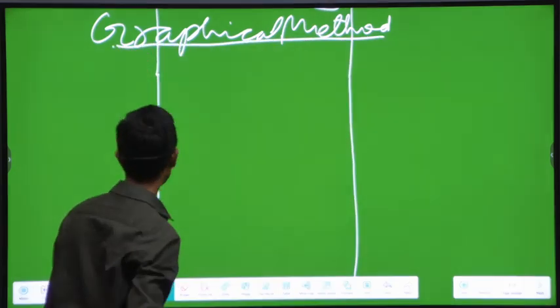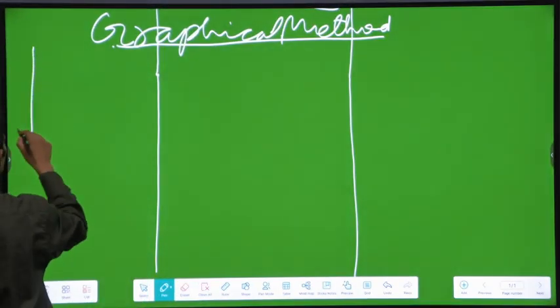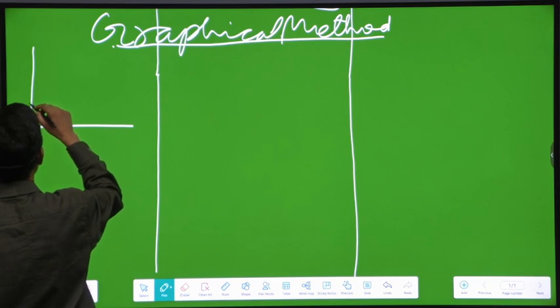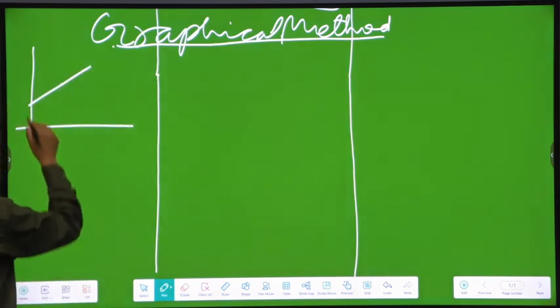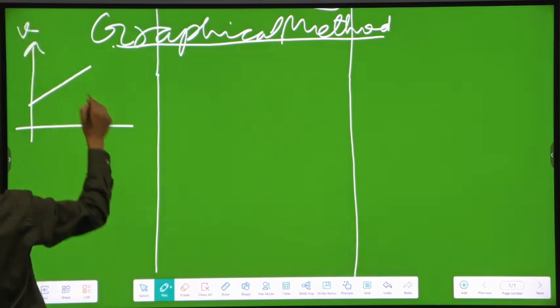Why is it important? Because by using this we are able to understand how to use graphs.